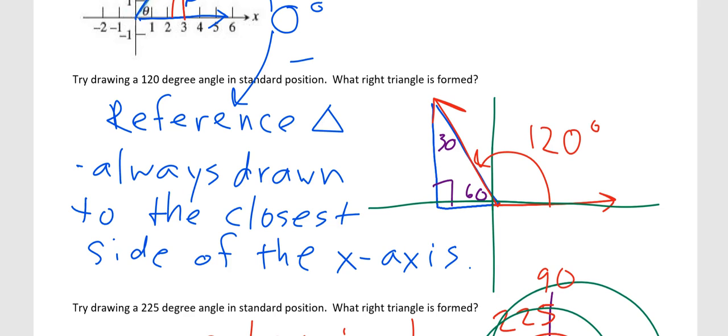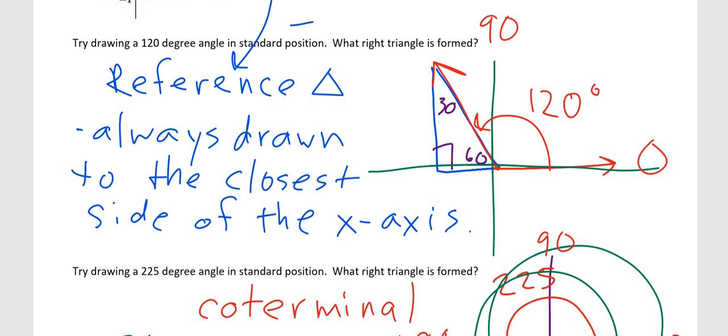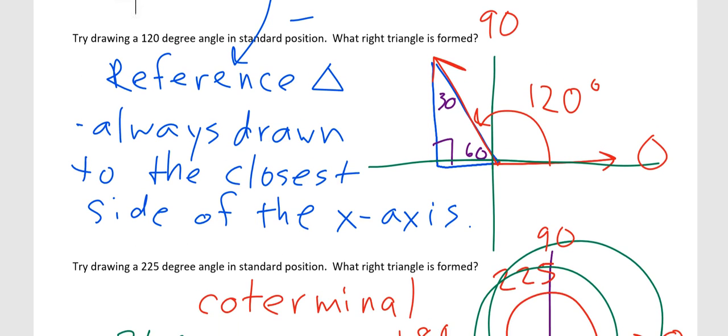We drew that one in class, with 0 over here on the right, measuring past the 90 degree mark at the top, 30 degrees past it to get to 120. And that created that cool 30, 60, 90 right triangle.